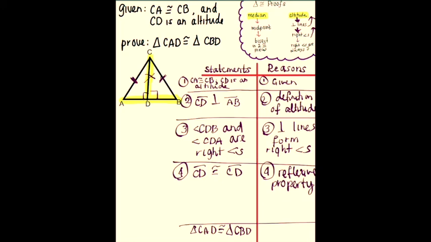It's called the HL theorem. So in this triangle, the hypotenuse is congruent to another hypotenuse, and a leg is congruent to itself. So we can say, because of the HL theorem, these triangles are congruent.